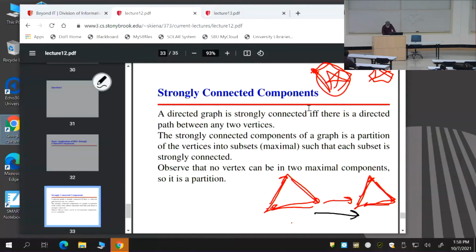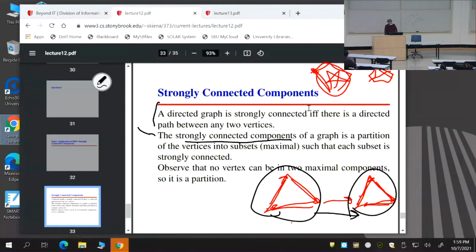We say that a part of a graph is strongly connected if, between any pair of vertices, there's a directed way to get from I to J. The strongly connected components of a graph are the chunks of the graph such that within each chunk, you can get between every 2 places.